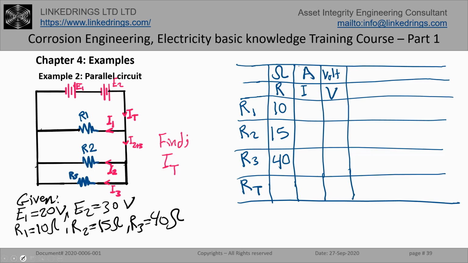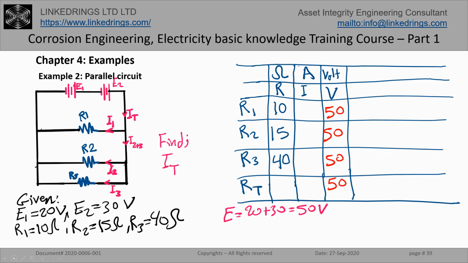And we calculate the total electrical source in this closed loop. Since the current is assumed in this direction, it will be equal to E1 plus E2. So E1 plus E2 equals 50 volts.